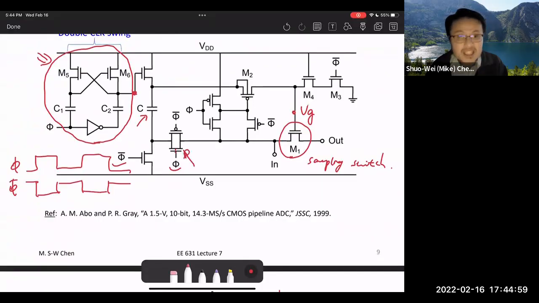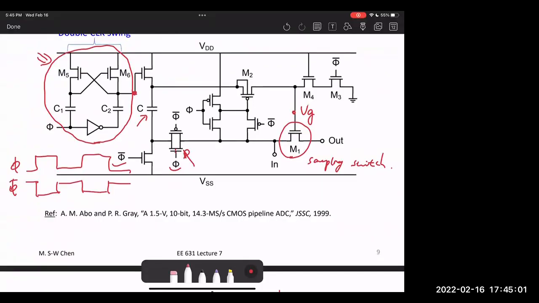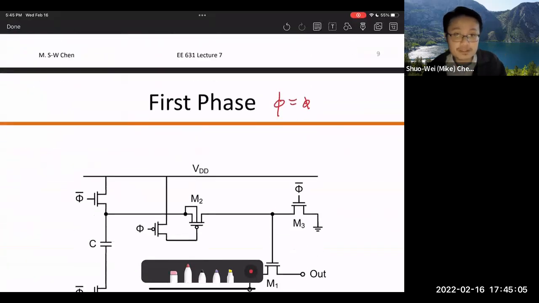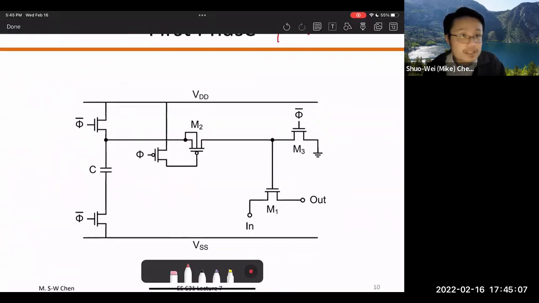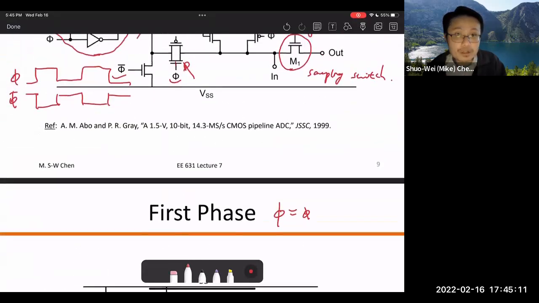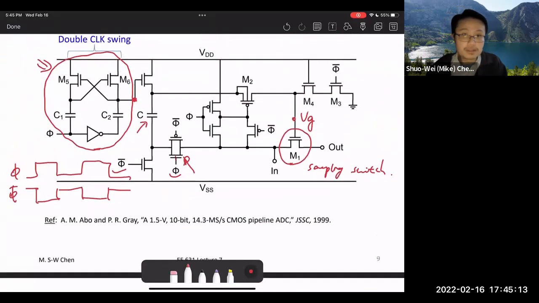This switch right here? It's off. Whenever that's off, I just don't draw it. So here you can see that I just take out that switch. You understand that? Whatever is turned off, I take it out. So if this is off, and then this phi bar, for example, is on or off?